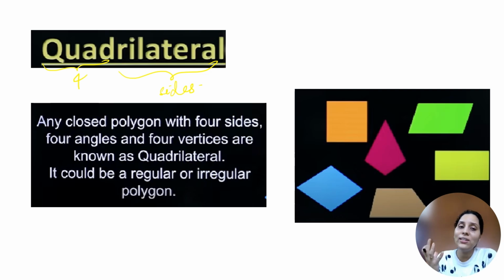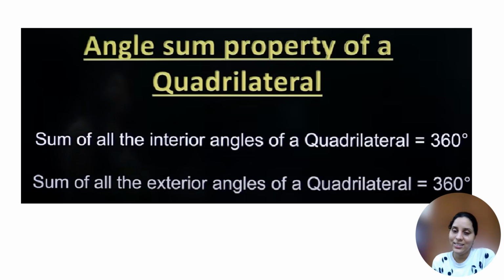A regular polygon is basically a square, and an irregular polygon is a rectangle. So all of them are quadrilaterals. These are the 4 sides, these are the 4 angles, and these are the 4 vertices. Now let us learn about each quadrilateral in detail.